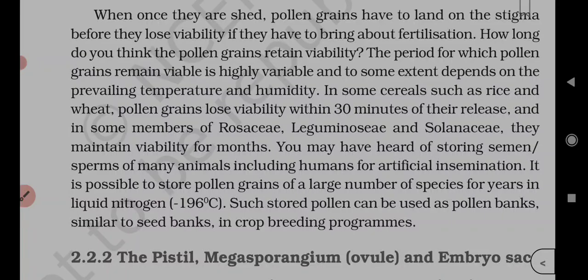Pollen-pistil interaction is the group of events that occur from the time of pollen deposition over the stigma to the time of pollen tube entry into the ovule. It is a safety measure to ensure that illegitimate crossing does not occur. Pollen grains of a number of plants may settle over a stigma. The pollens belonging to the same species would germinate while others fail to do so.